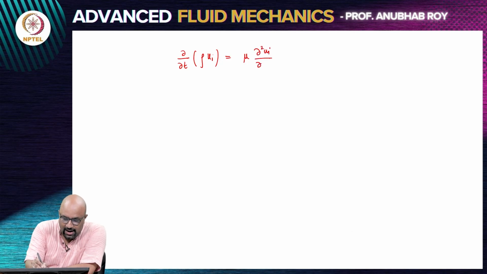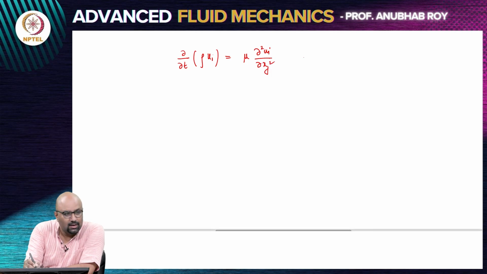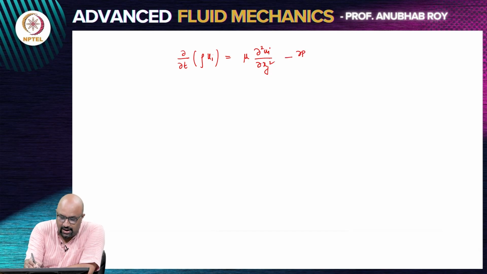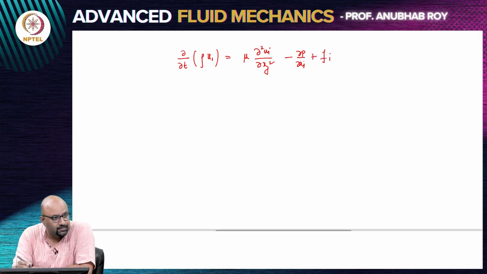that I have a viscous force that is acting, which is responsible for the fluid acceleration, and if there were any pressure gradient or body force, then those could also be included in the picture.